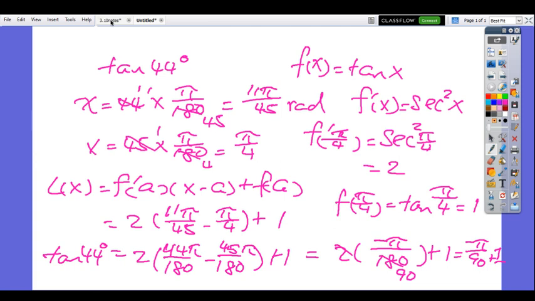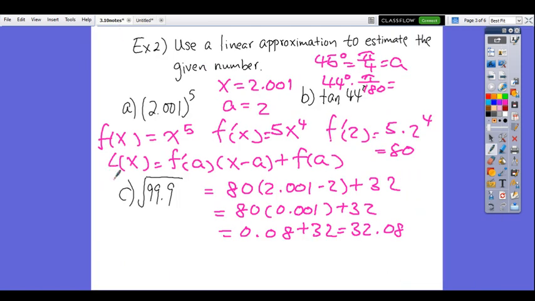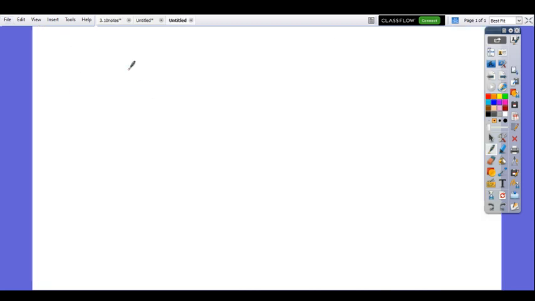Okay, so now let's go back to the slide. So what about for square root of 99.9? Again, I need to set up a new slide for this. So square root of 99.9. First thing I want to do, let f of x equal square root of x. And obviously x is 99.9.